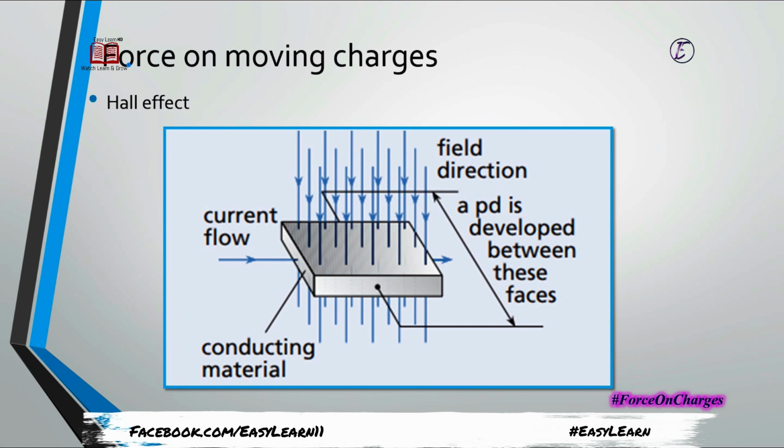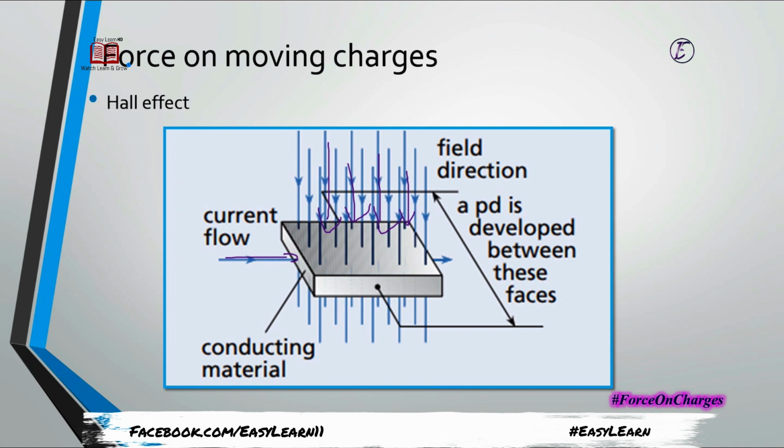When this is a piece of conductor and the magnetic field is constantly applied, and suppose current starts flowing, it will experience a force and it is fixed. We are not allowing the conducting material to go in any direction.